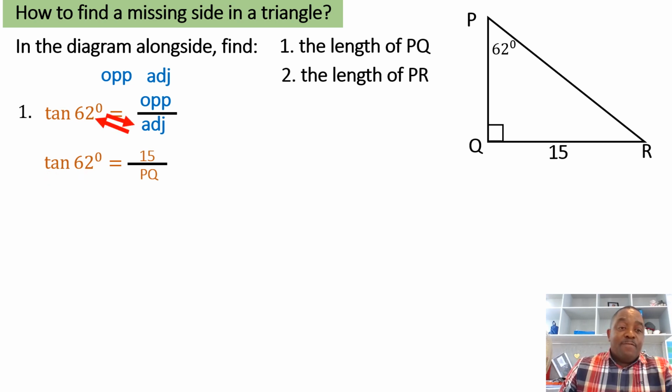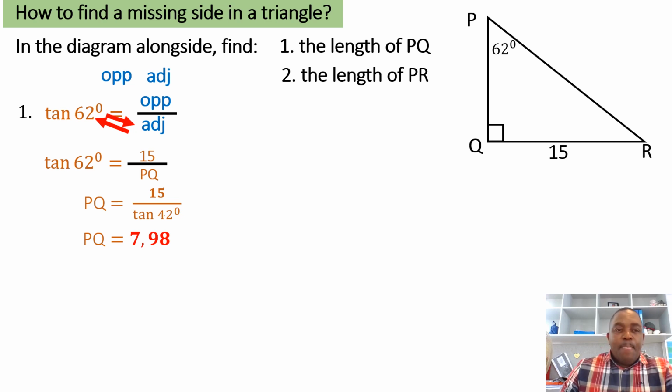What that does eventually is basically to swap your PQ and your tan 62. Then in the end, you're just left with a calculator. Punch your calculator, and you'll get 7.98.